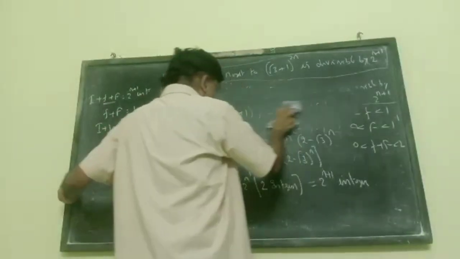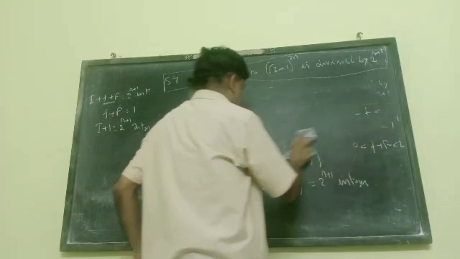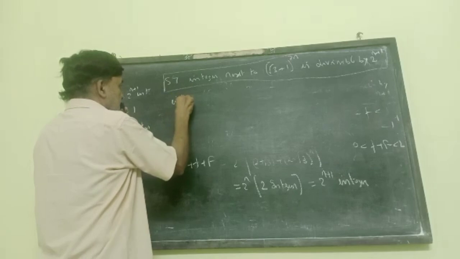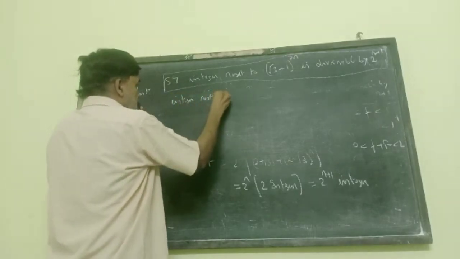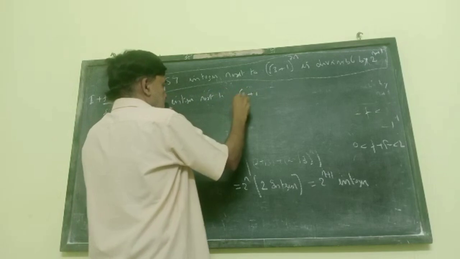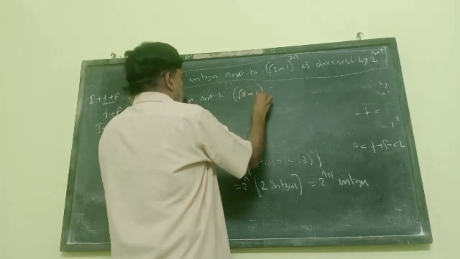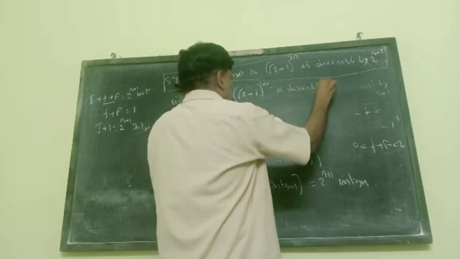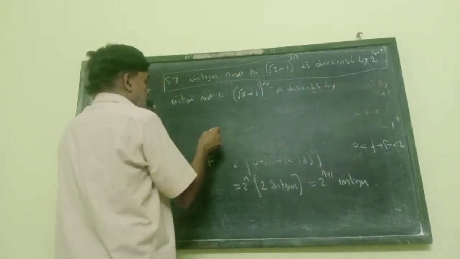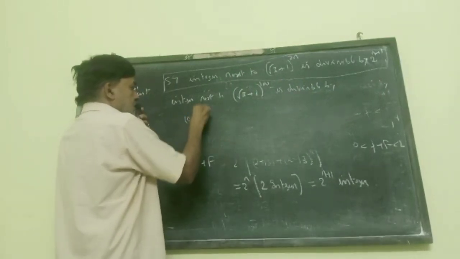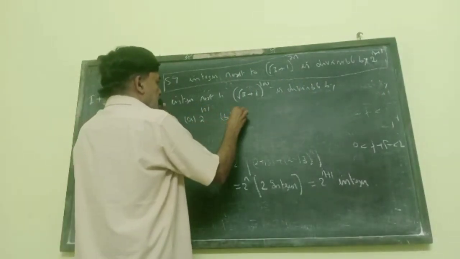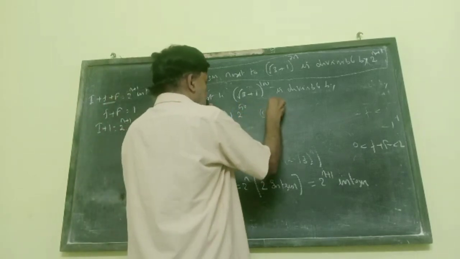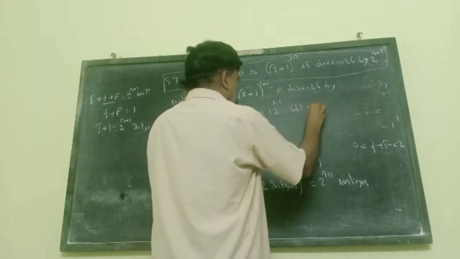Now, listen, you will come across problems like this. The integer next to (root 3 plus 1) whole power 100 is divisible by: A, 2 power 101; B, 2 power 50; C, 2 power 51; D, none of this.